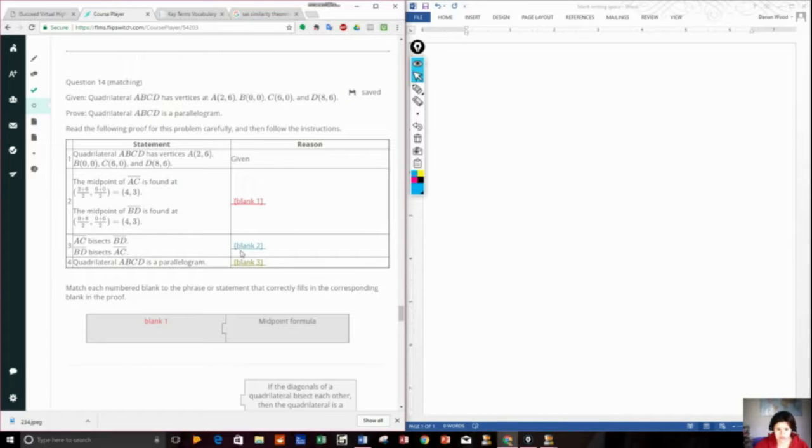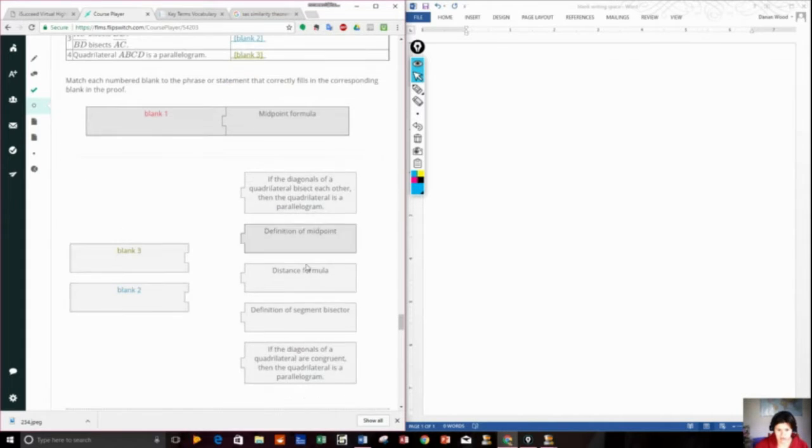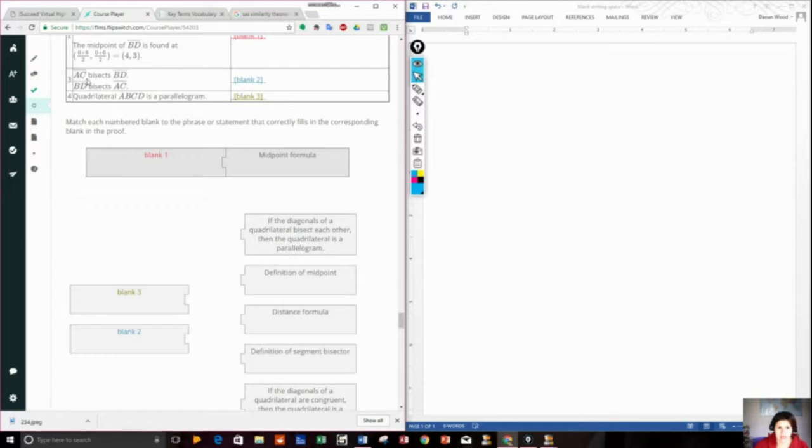Blank 2. Okay, well then I'm thinking, they're talking about bisecting, so I'm going to look through and see if they have anything related to bisecting. So the first one is, if diagonals of a quadrilateral bisect each other, then the quadrilateral is a parallelogram. Well, AC and BD are the diagonals, so it's not quite proving that they're parallel, but they are proving that.